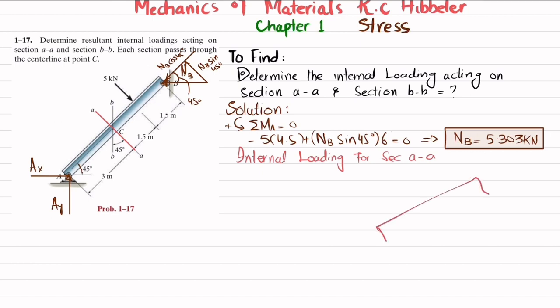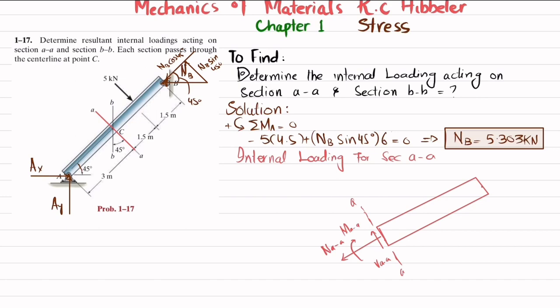If you cut the beam here and draw the free body diagram, let me draw it first. So this is the beam, clear. This is your section AA. When you cut the beam, you will have a normal force NAA, a shear force VAA, and a moment MAA.